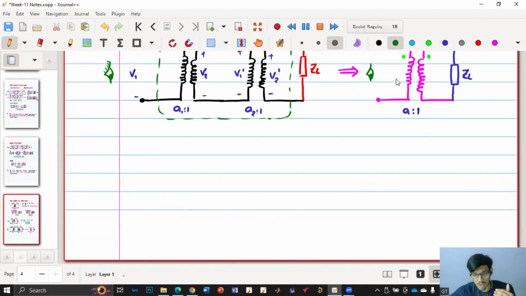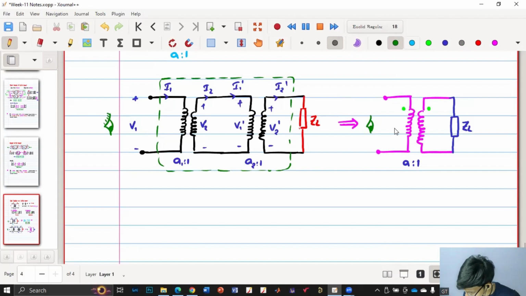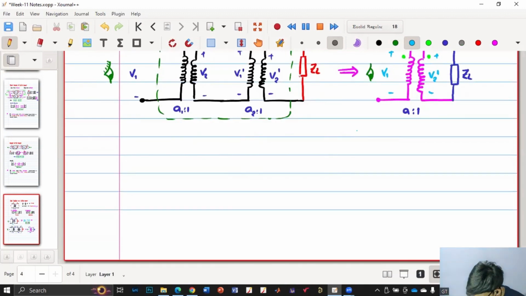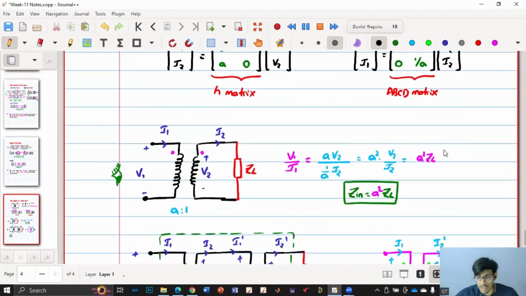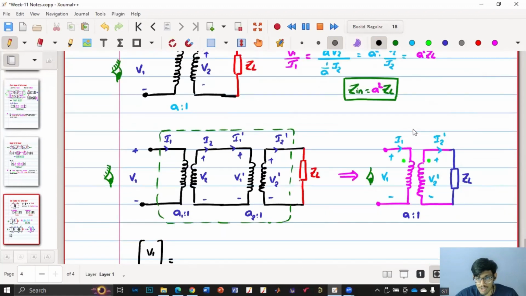Now this is my plus minus V1 and this is my I1, right? And this is my plus minus V2 dash and this is I2 dash. So my [V1, I1] is equal to the product of the ABCD matrices, which is the important term over here. So [A 0; 0 1 by A].